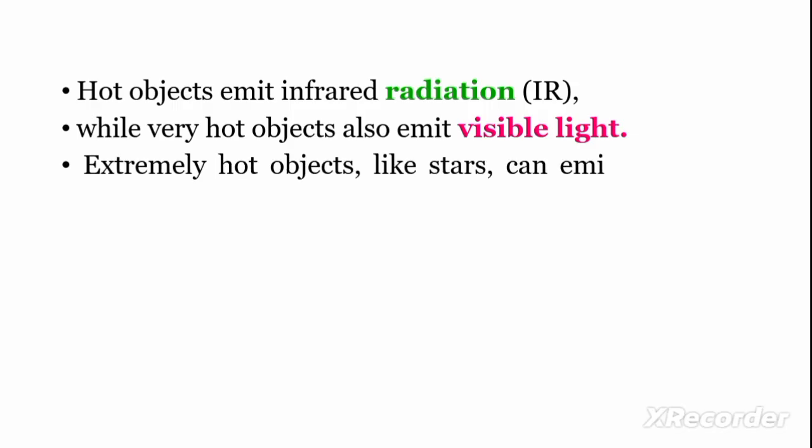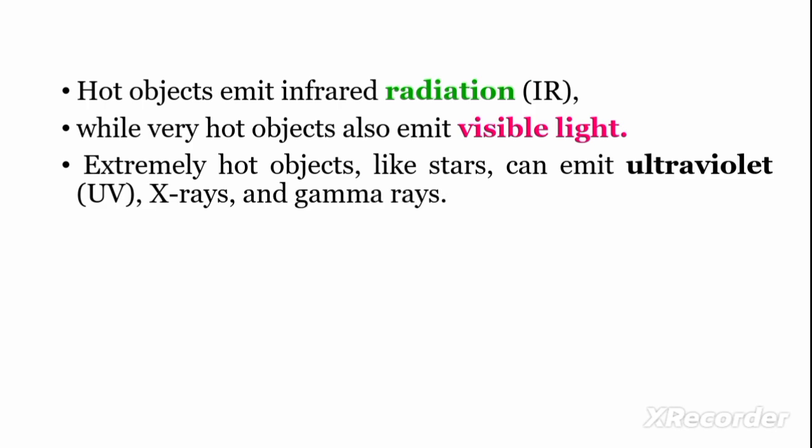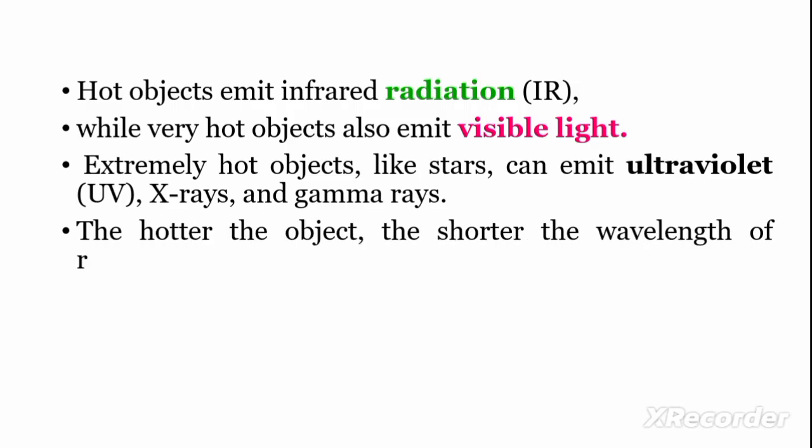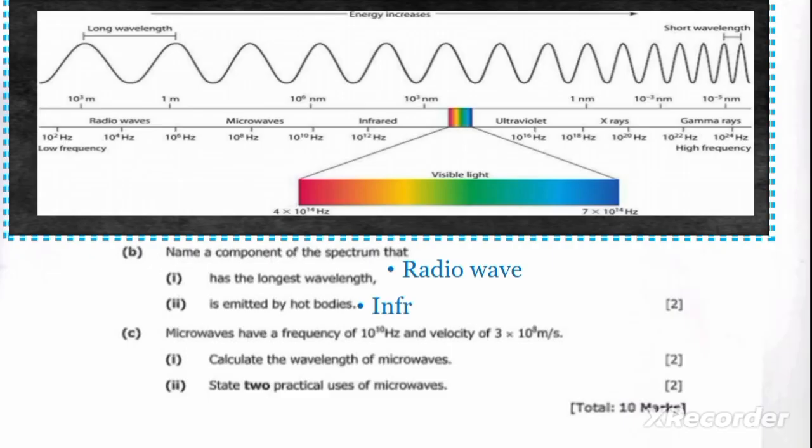Extremely hot objects like stars can emit ultraviolet, X-rays, and gamma rays. The hotter the object, the shorter the wavelength of the radiation it emits. So therefore, here we are going to say infrared.